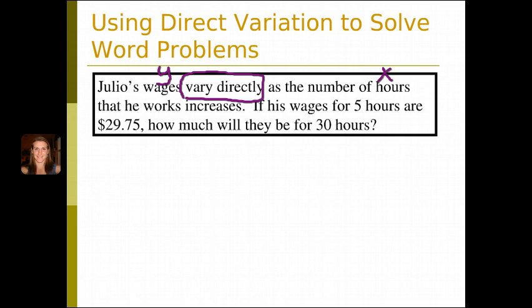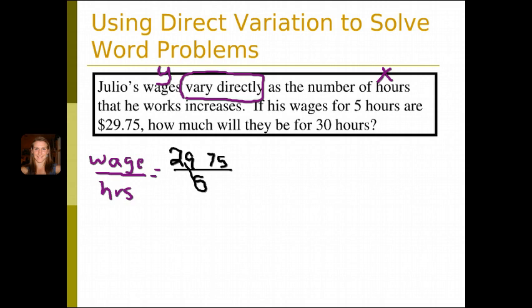So we have our wages over hours. Well, it told us that our wages were $29.75 when we worked 5 hours.